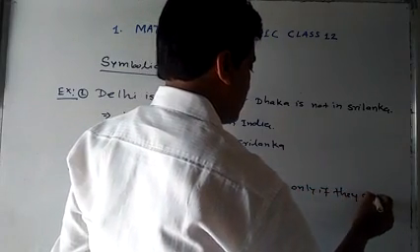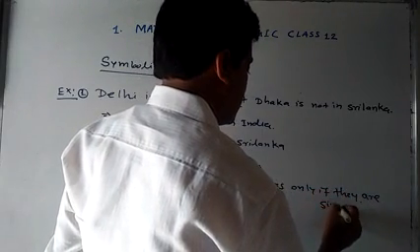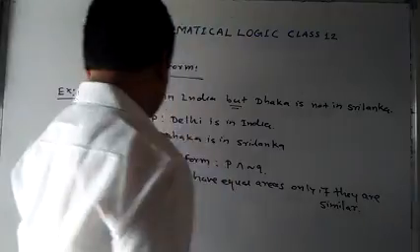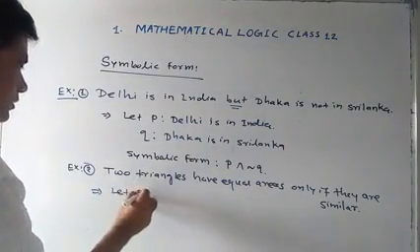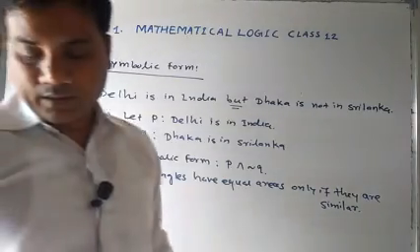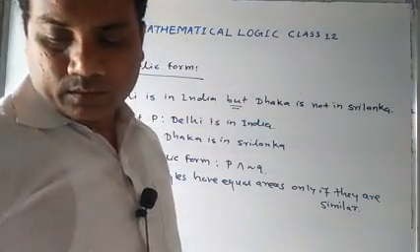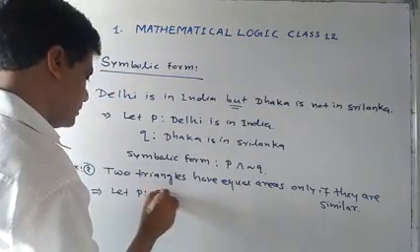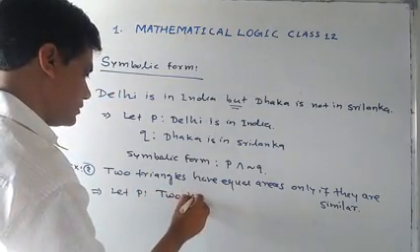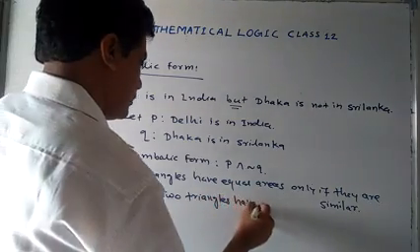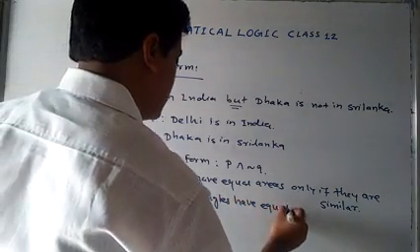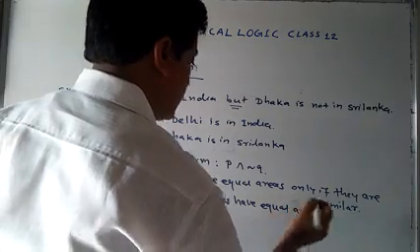Let P be the statement: two triangles have equal area.